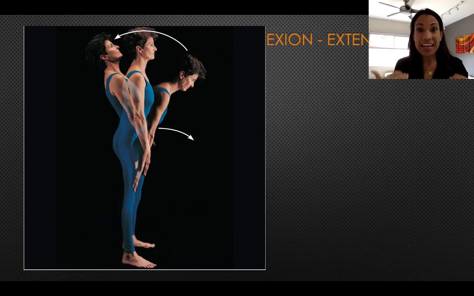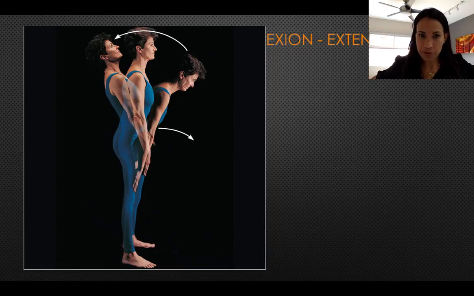When we are in anatomical position, almost all our articulations are in extension, so bringing them back to anatomical position is extending. If we pass this frontal plane, the plane of the anatomical position, that's hyperextension.